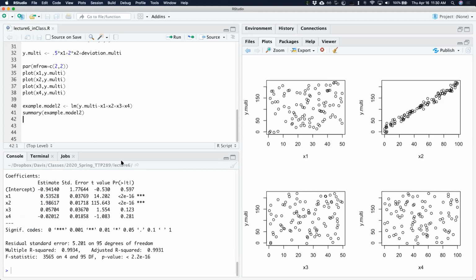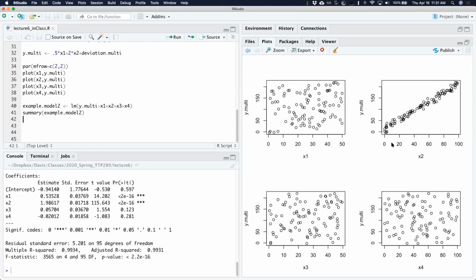Yes. Okay, so there's a question: a relationship can be significant even if we don't see it visually, and we should keep it in the model? Yeah, absolutely. The whole point of plotting this is part of our initial exploration of the data, to look at the visual relationship between each of my variables, x1, x2, x3, x4, and the outcome that I'm interested in. Sometimes you're able to see the relationship very clearly, but sometimes you're not.